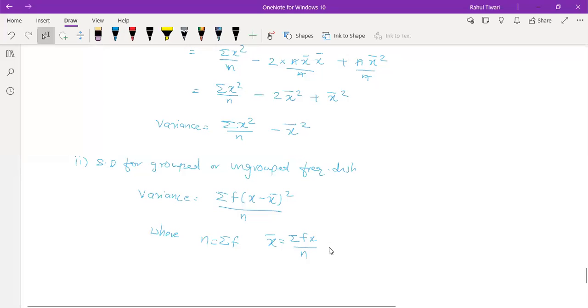I will put it not here, I'll put it in the note, that will be better.